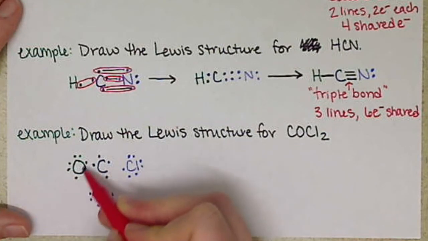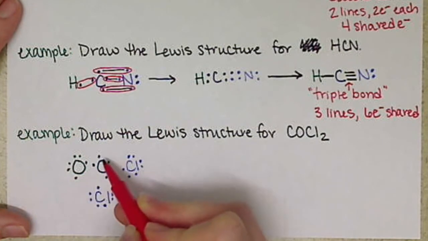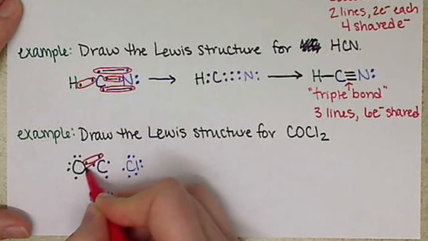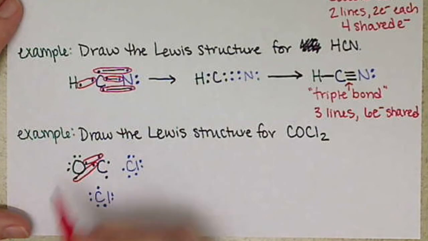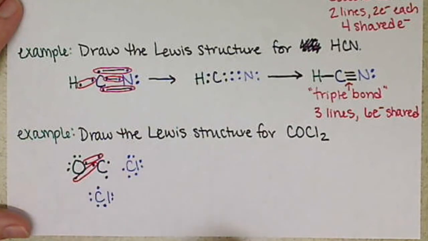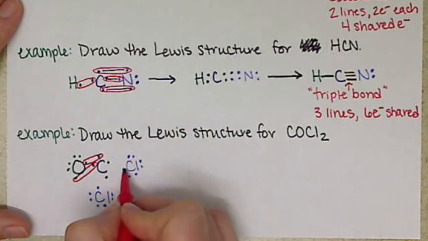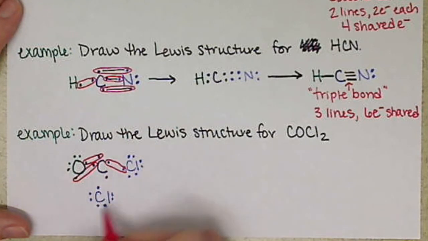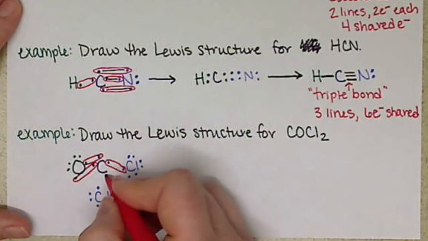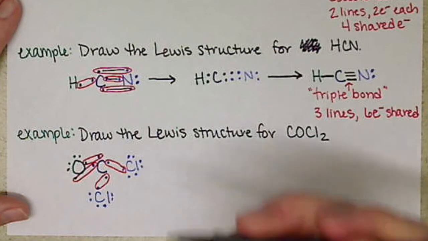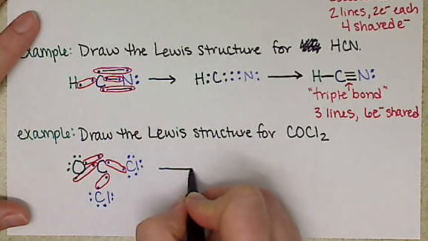So oxygen here has 2 electrons it can share. It's going to share with 2 electrons from carbon. So that'll form a double bond there. Chlorine has 1 to share, so it'll share with carbon. The other chlorine has 1 to share, so it will share with carbon. Carbon's going to share with chlorine.